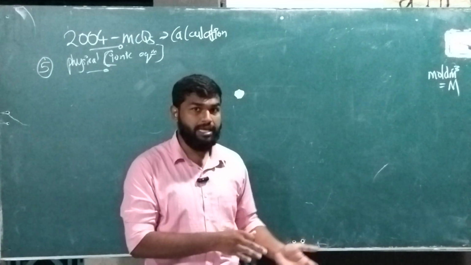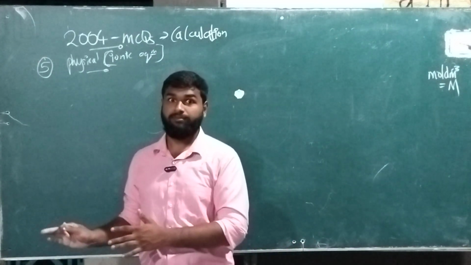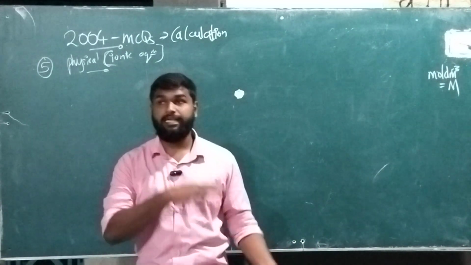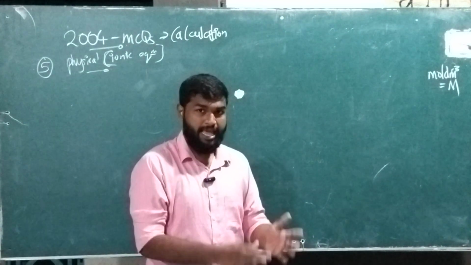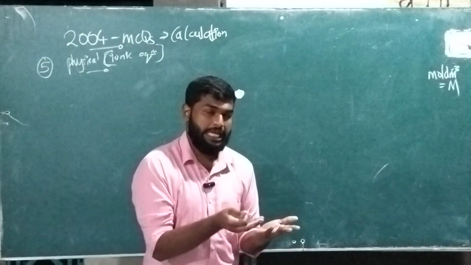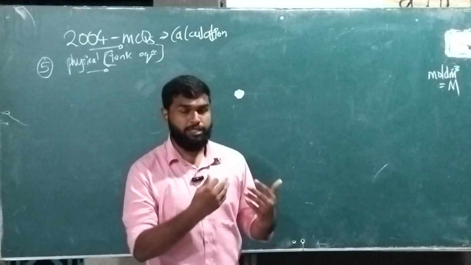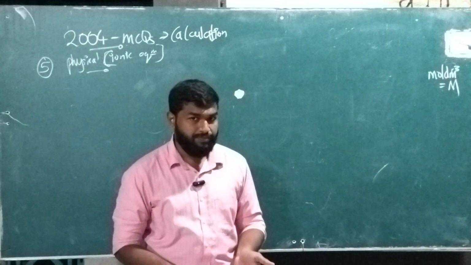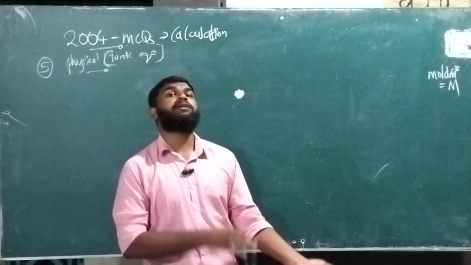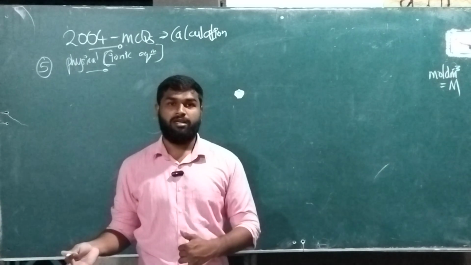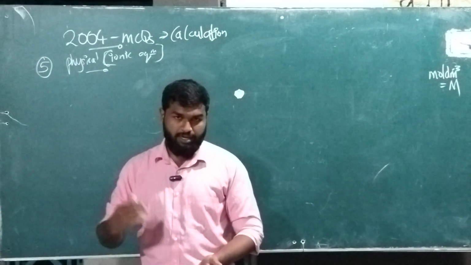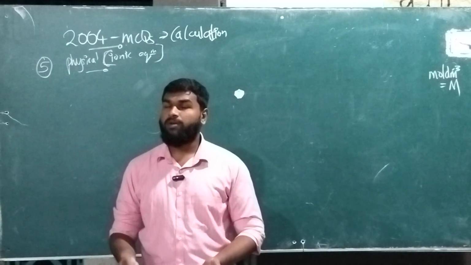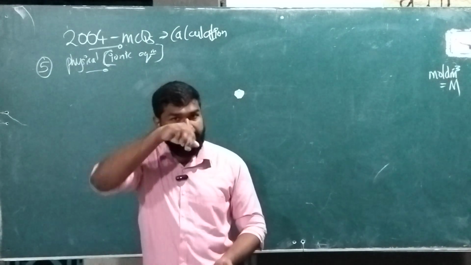You have a strong base and a strong acid, which means that both of them will completely dissociate into H plus and OH minus in their respective aqueous medium. That is what Arrhenius theory said, not Bronsted-Lowry, sorry, Arrhenius theory, right?